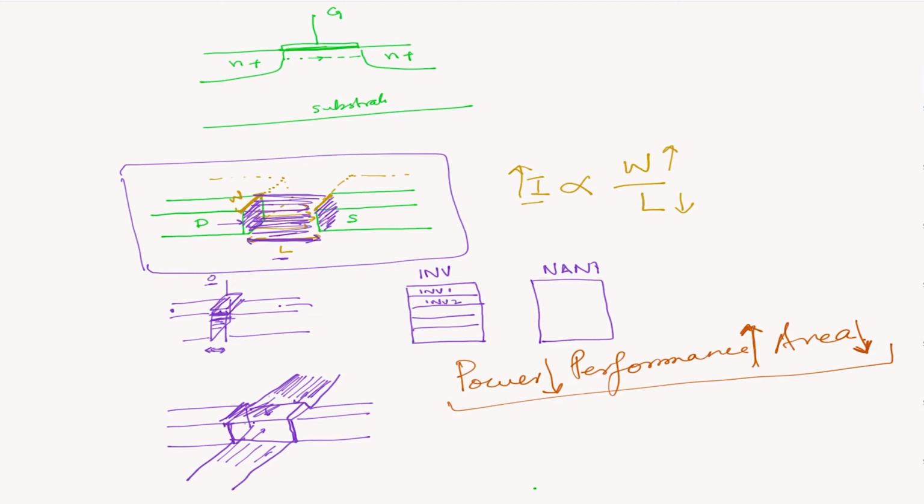And in order to support these three goals, each standard cell will have a different version, which I mentioned, drive strength 1, 2, 3, and with different widths. For example, as width goes up, the area gets more.